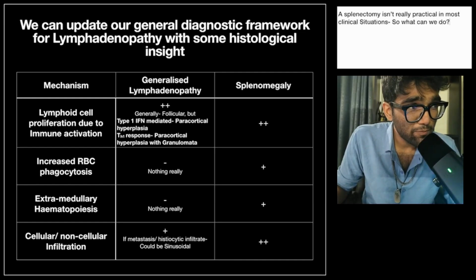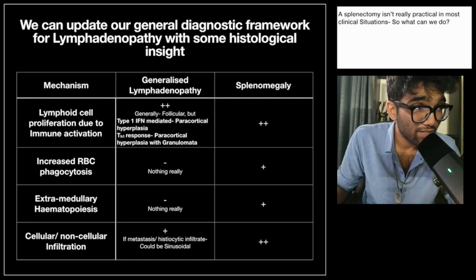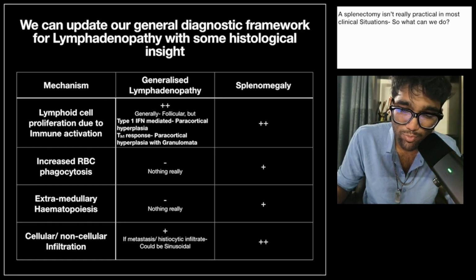Now, what about splenomegaly? I have not talked about the spleen. I have not talked about the histopathology of the spleen. But the reason for that is that clinically, removing the spleen and looking at it under the microscope is prohibitively difficult in most clinical scenarios. So instead, what can I do?